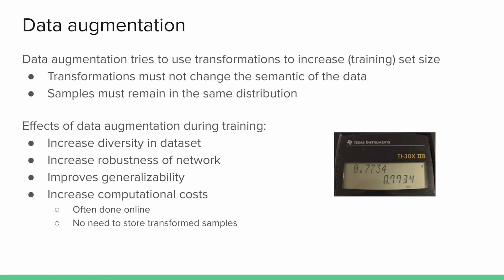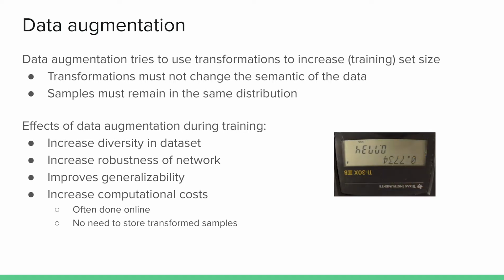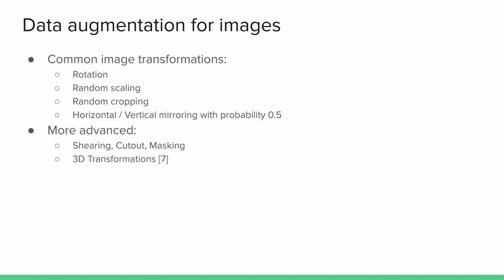If you flip an image horizontally, it might be okay for a cat, but when you are working with text, a B could then look like a D. Or if you perform vertical mirroring, you would get something that now says something completely different. So make sure that whatever transformations you apply as data augmentation do not alter the semantics in your particular data set.